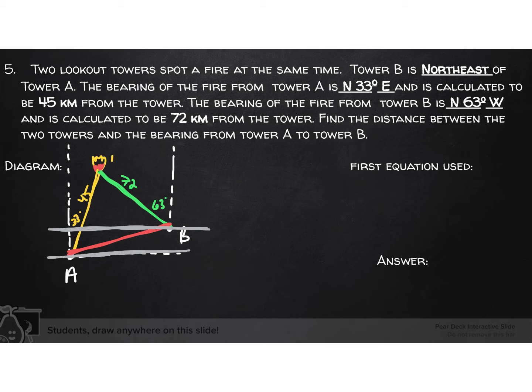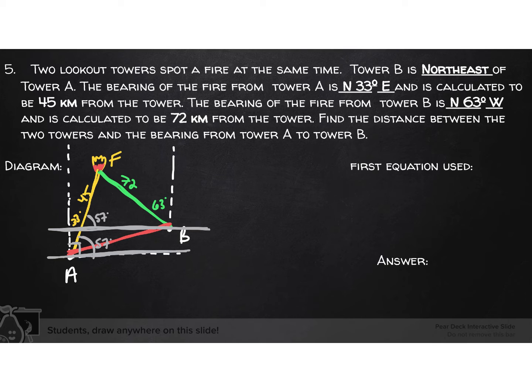I'm going to call this F for fire. One angle I can get information about is this angle, which is 57, because this is the 90-degree angle. If this is 57, that means this is 57, because those are corresponding angles.